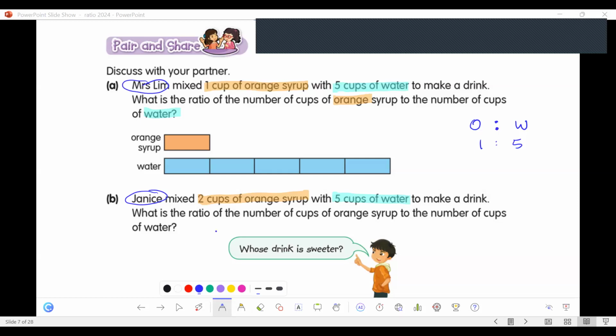So I can draw the model here, orange and water. So orange is how many units? I'll try to draw as equal as possible. Two units, and then water 5 units.